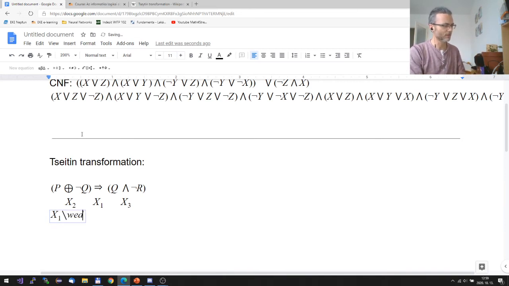Actually, it is conjuncted with the definition of this variable, which is what? Well, it's an implication. x1 is an equivalence of what? x2 implies x3. Okay. Do you understand that?